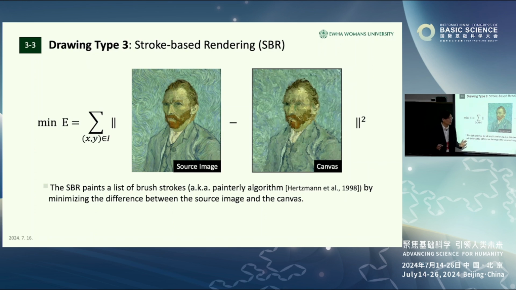But in our case, the main departure from this idea is that we want to mimic the way humans actually draw strokes in a painting. If you keep that in mind, humans never draw strokes randomly here and there.